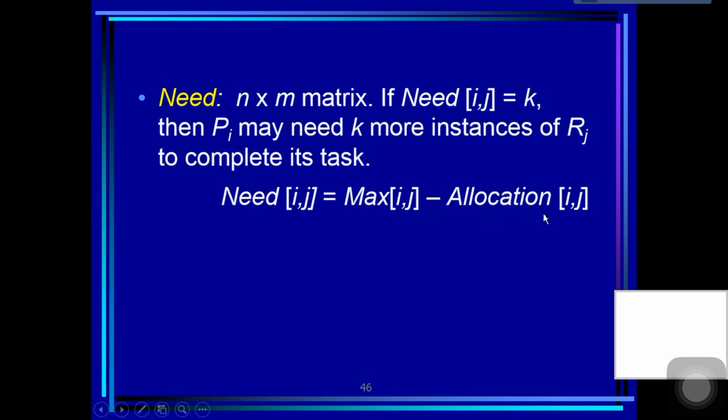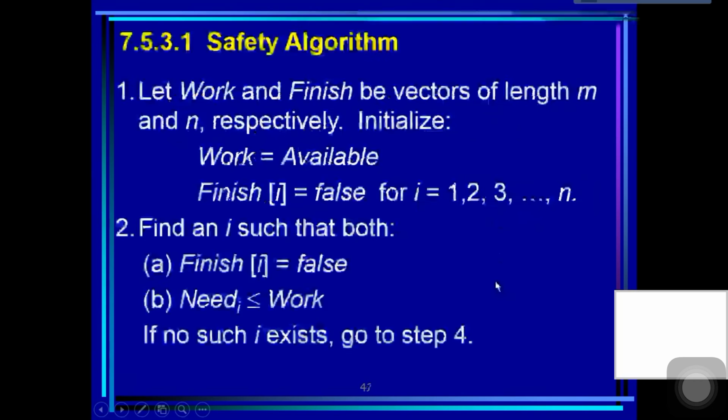So we can see this one. And first, about the Banker's algorithm, the first algorithm is the safety algorithm. It finds out whether or not a system is in a safe state.